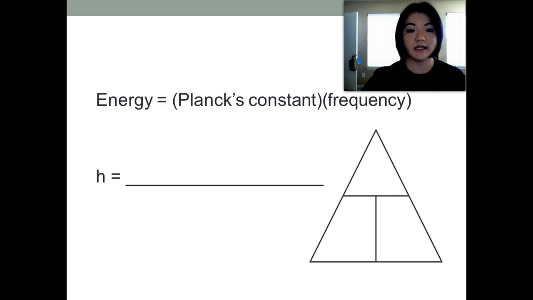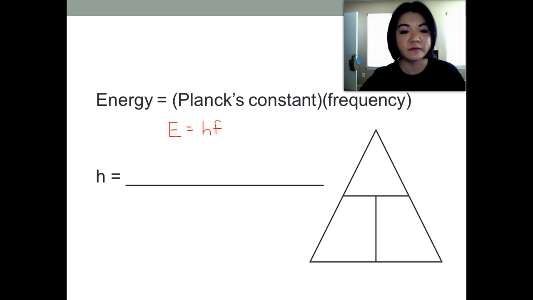The second formula is energy equals Planck's constant times frequency. This is the same Planck as Max Planck. Energy is E, Planck's constant we use h, and the frequency is f. So it's E equals h times f.